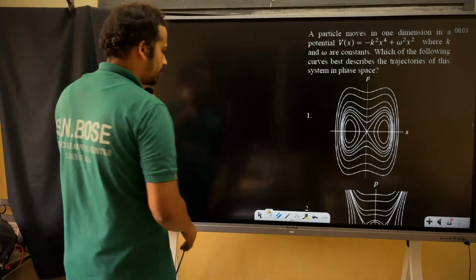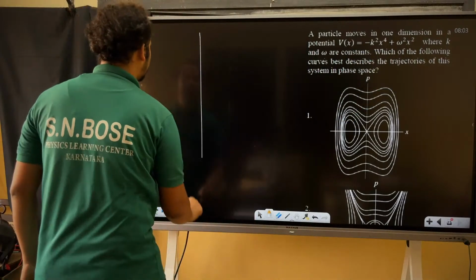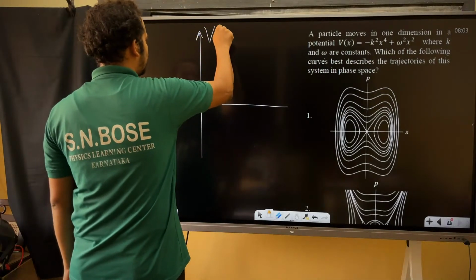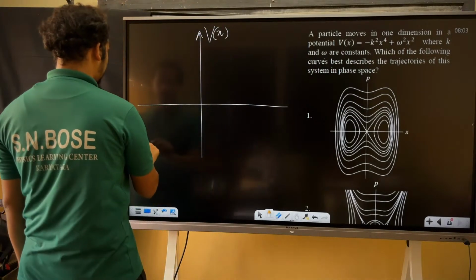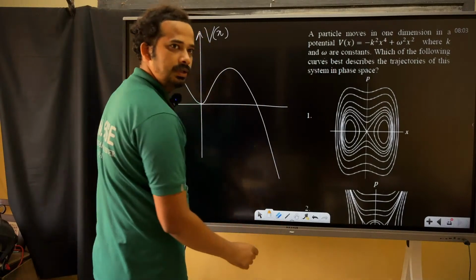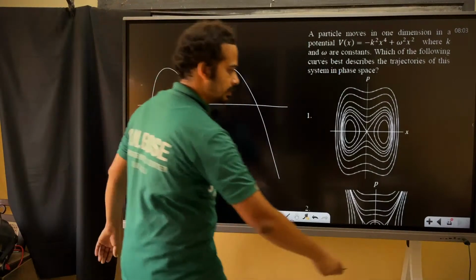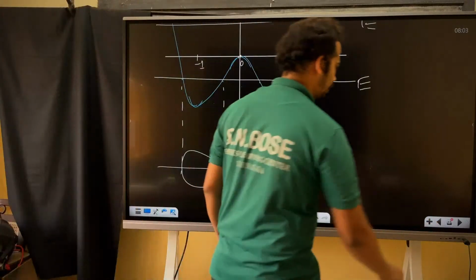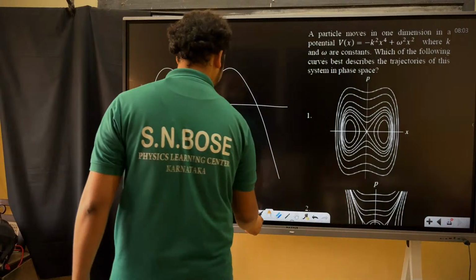You have one more negative sign multiplied. So if you multiply a negative sign to the last curve, what can you expect? I just flipped over this curve. Roughly, we need a rough curve here.